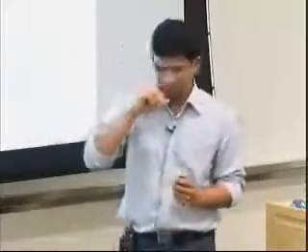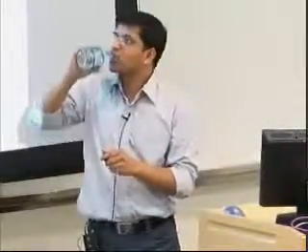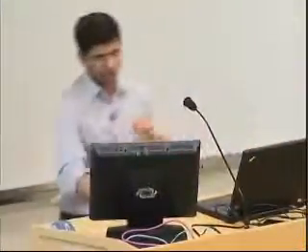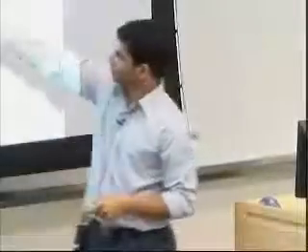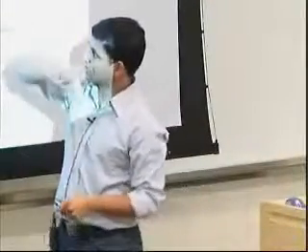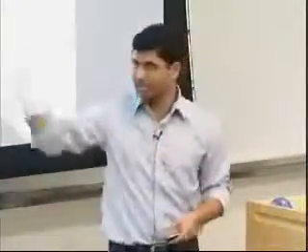So, excuse me. The key to this is the notion of a cardinality set of a physical operator or a plan or a neighborhood. Okay? So let me explain what a cardinality set is. So consider this simple operator, a hash join that works on 2 tables. There's a filter on one of these tables.